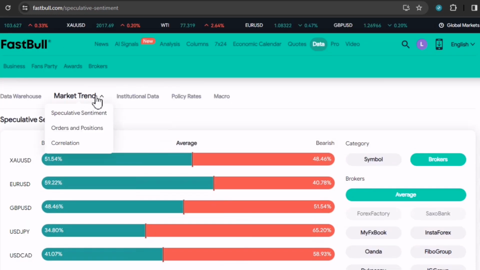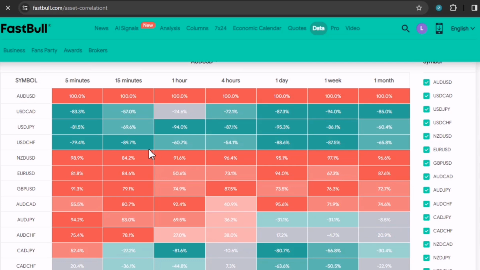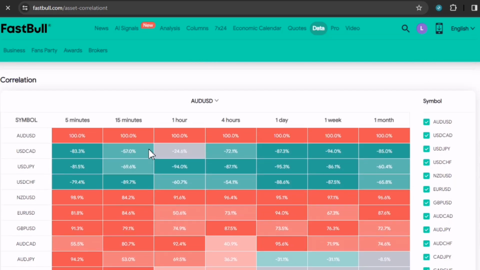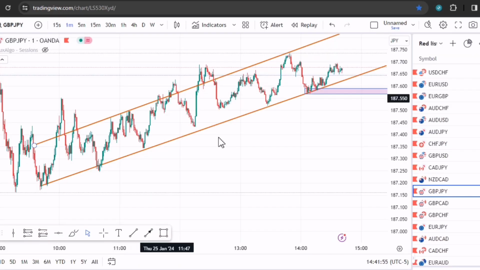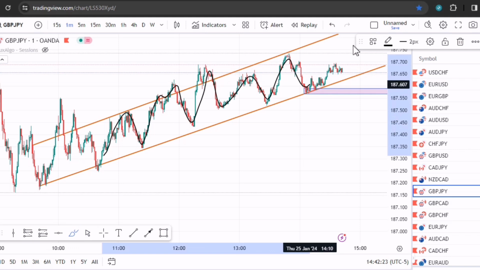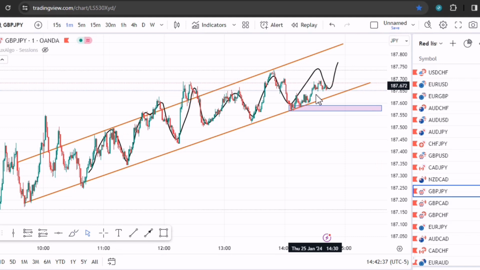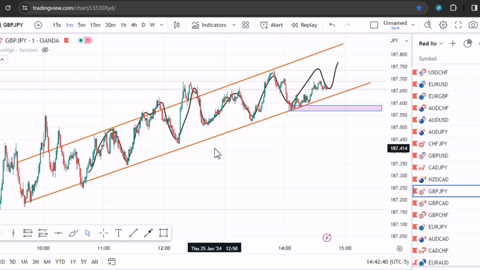What I want to show you today, traders, under the market trend is the correlation. On the correlation, you have this chart. And if you don't know about the term correlation, let's use this GBP JPY for the example. If you were to have a pair with a trend that looks like this, see that the line is not really on top of the chart, but it is moving almost the same way as the chart for GBP JPY.